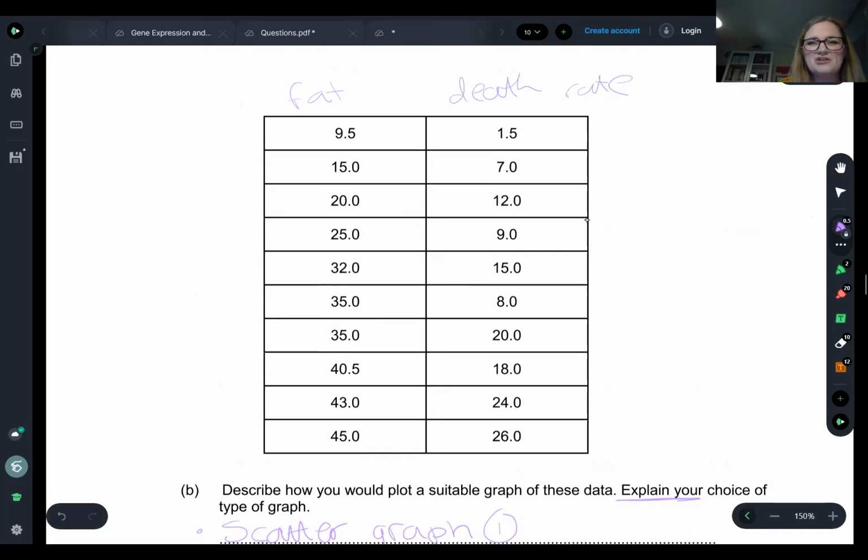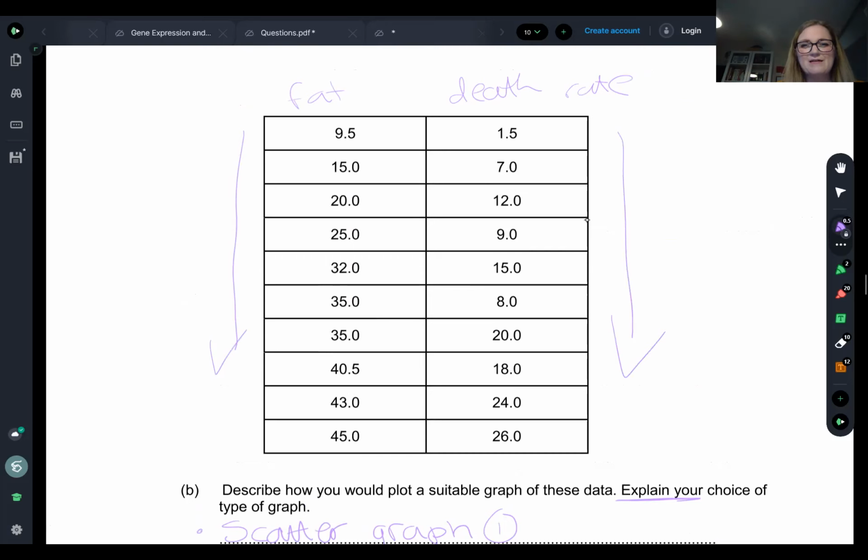So quick conclusion from that, apart from some quite obvious random outliers, there's a general pattern: as fat increases, so does death rate. We could pop out some outliers. You could argue, you could either say this is an outlier and this is an outlier, or we could say this is an outlier and this is an outlier, but that's our general trend.